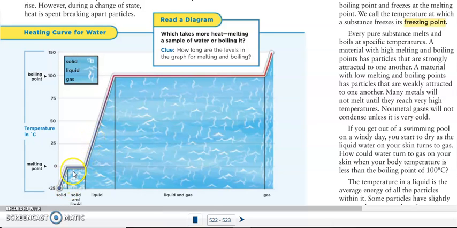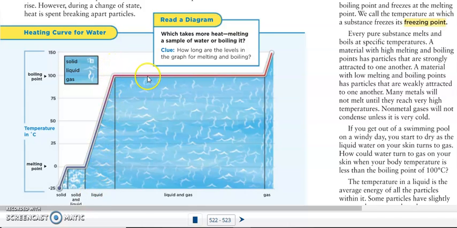From 0, it starts melting, and it becomes solid and liquid together. When it's more than 0, the temperature increases, and it becomes liquid up to 100. So from 0 to 100 it is a liquid.